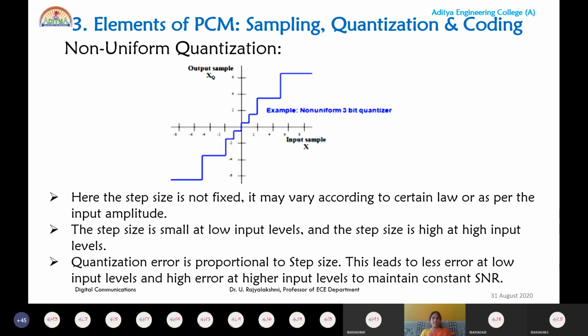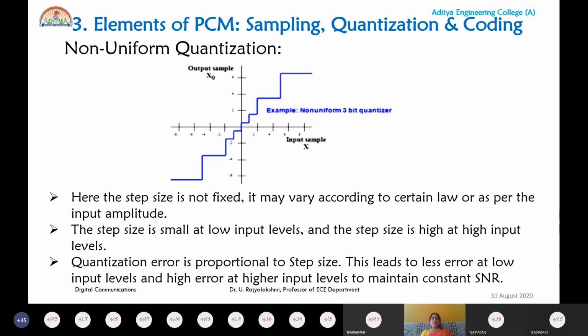The x-axis consists of the input sample, the y-axis is the discrete amplitude, and the x-axis is discrete time. If the input magnitude is low, then the step size should be low, and if the input magnitude is high, then you should increase the step size so as to compensate for the input magnitude.